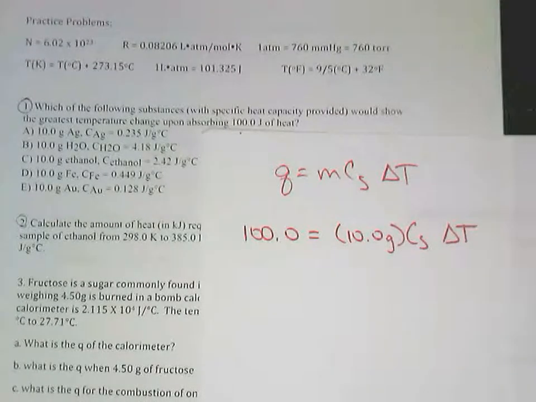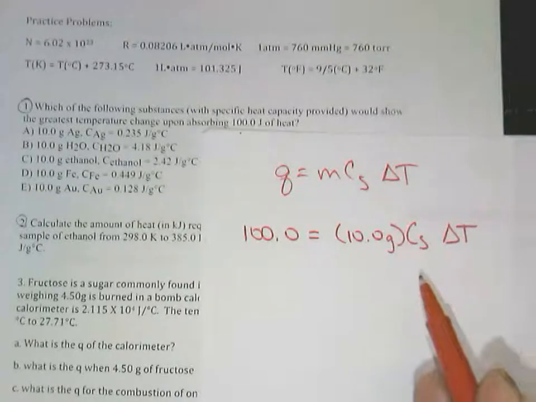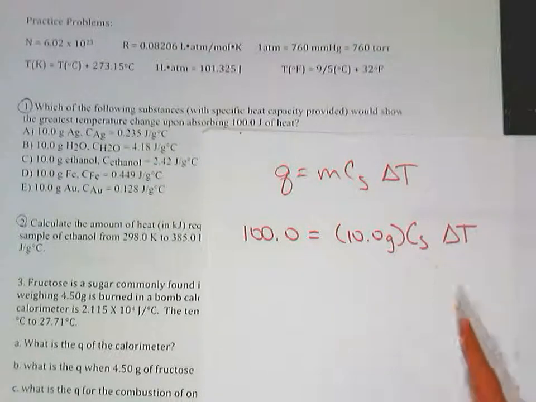So the question is, we have a few different options for Cs. So what I'm going to do is plug in one, see what it looks like, and then we'll think through the rest.